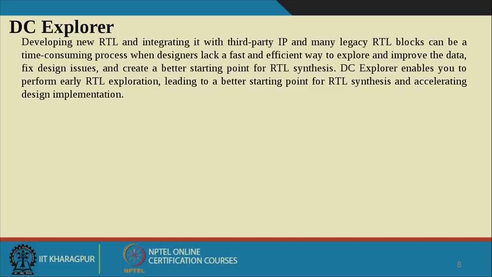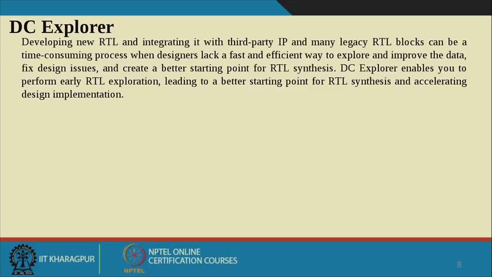Whenever they are integrated into the design compiler mode, DC Explorer helps in developing a simpler RTL file combining the RTL description of these third party IPs as well as the designer's RTL file.